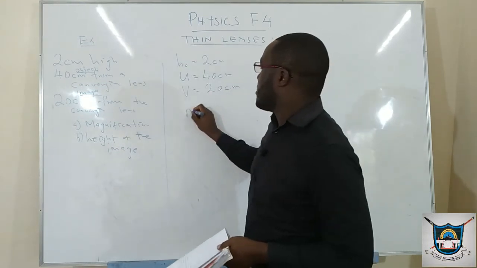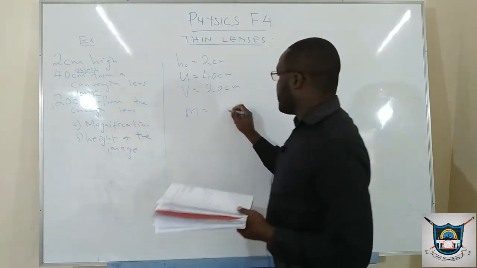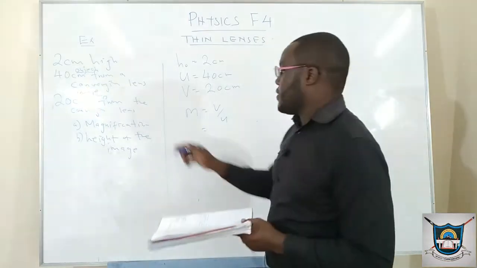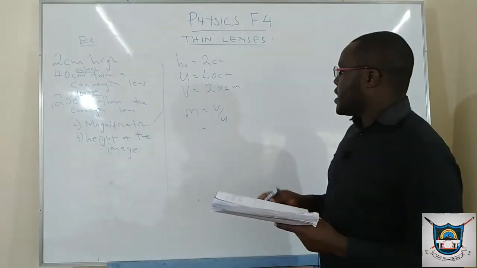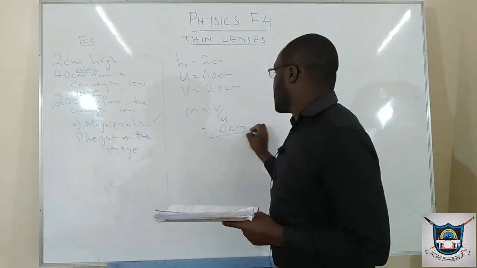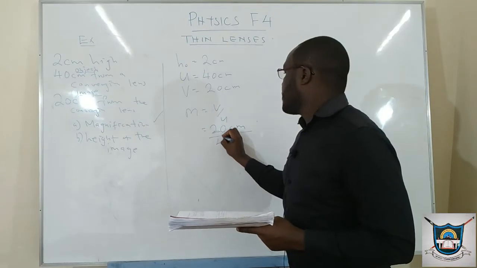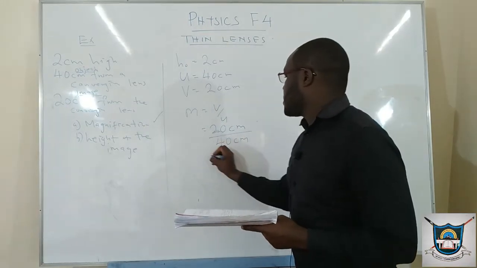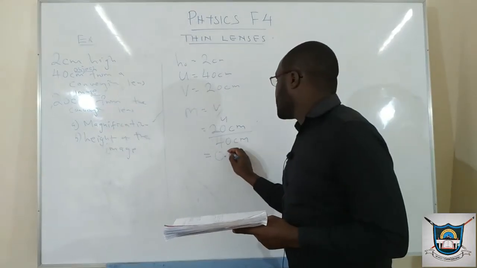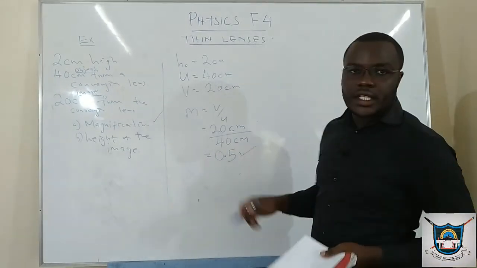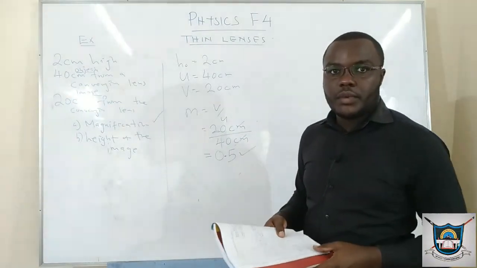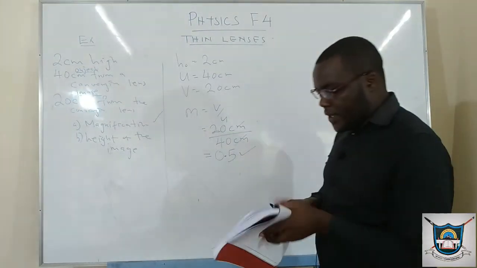And we have said M is equal to V divided by U. Therefore, the magnification is V, 20 centimeters, divided by 40 centimeters. That gives us a magnification of 0.5. We notice that there are no units since the centimeters cancel.